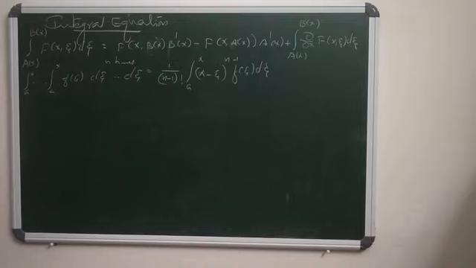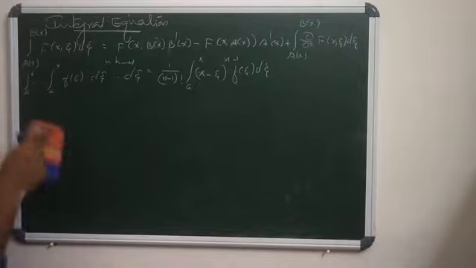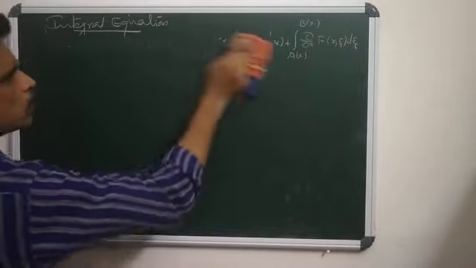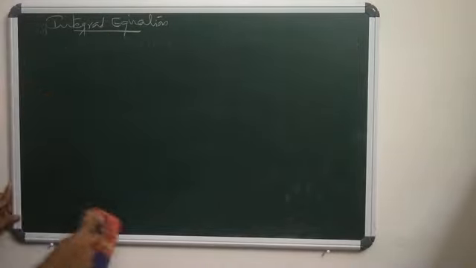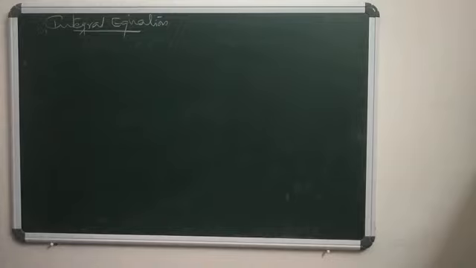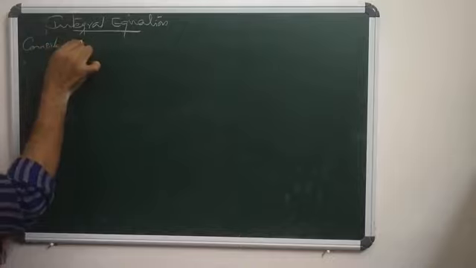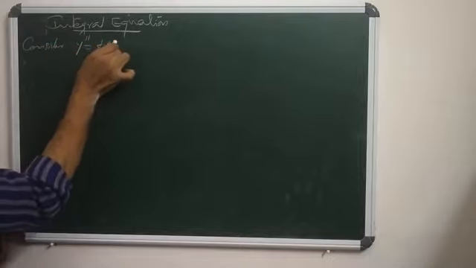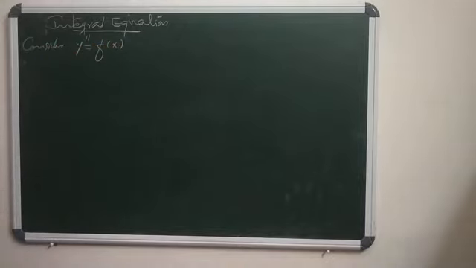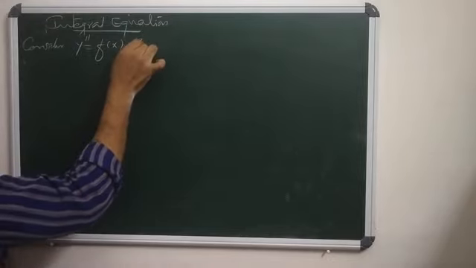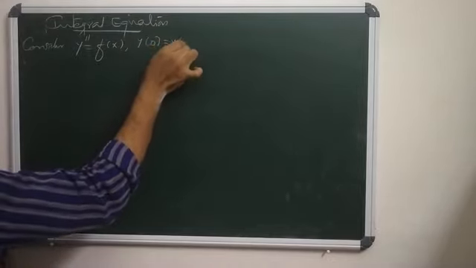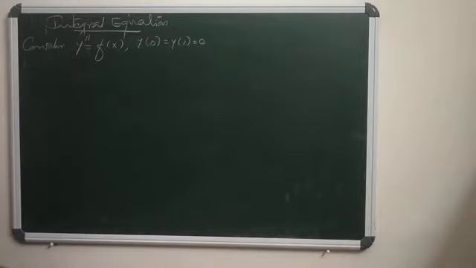Okay. By using these two results, we can try to solve a problem. That means, consider y2 dash equals f of x, which satisfies the boundary conditions y0 equals y1 equals 0.